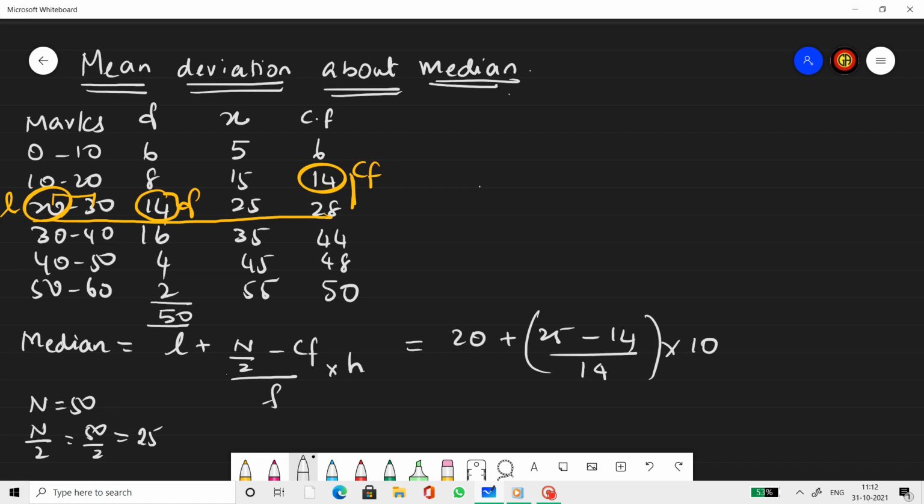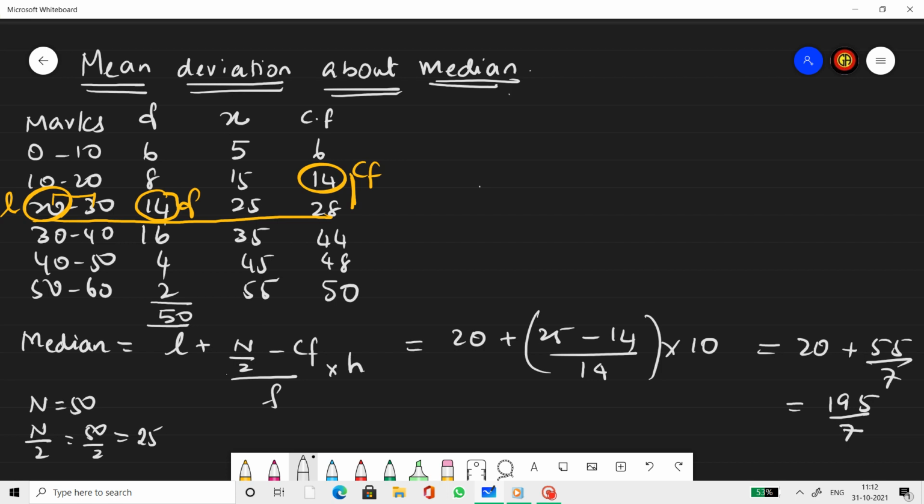So the answer works out to roughly 20 plus 55 by 7, which is 195 by 7. Now you can keep it in decimals or fractions, it's up to your choice. So I'm not using a calculator, so keep it in fraction itself. So 195 by 7 is the median value.